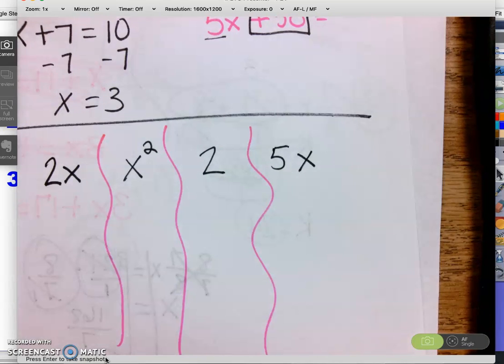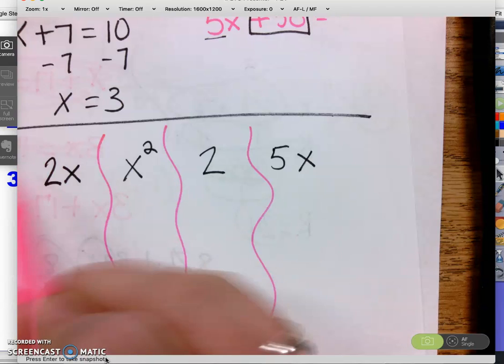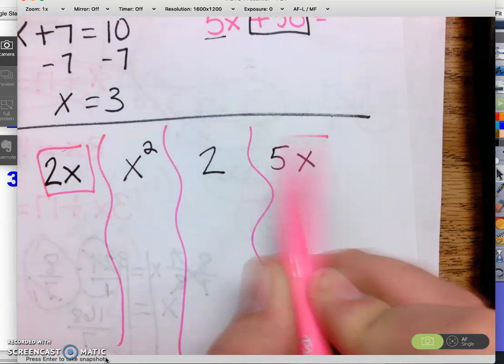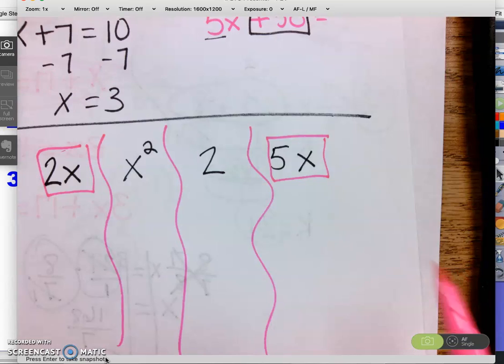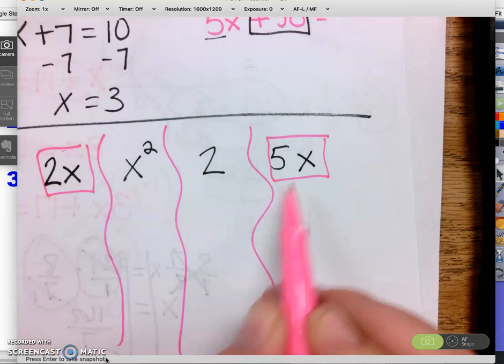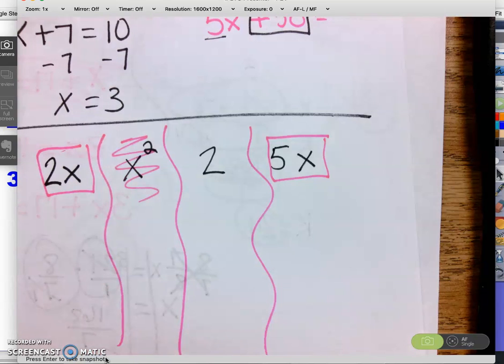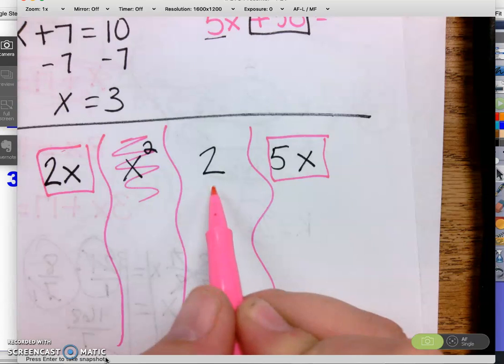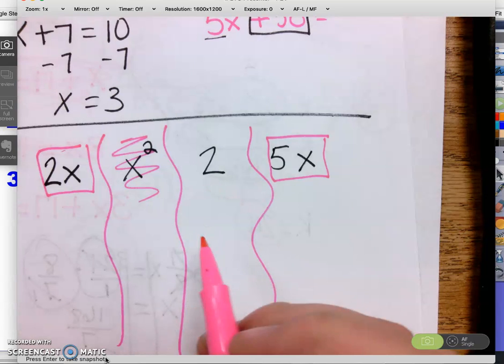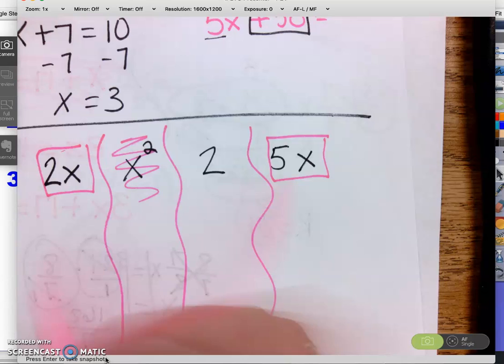There are only 2 that are like terms. And what are those 2? 2x and 5x. Like terms are the same variable raised to the same power. And that's why x squared cannot be, because it has a 2 as an exponent. The 2 does not have a variable, so it would be a constant. So this could also not be.